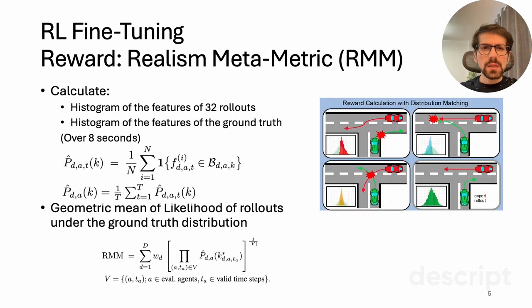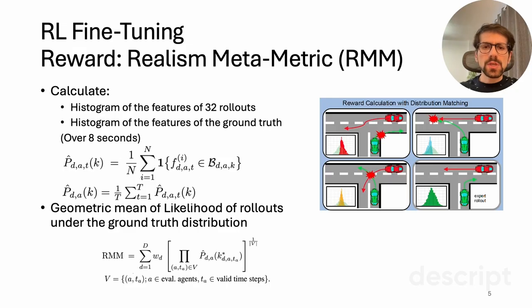training stable. The realism meta-metric, or RMM, scores simulation rollouts across three feature categories, including interaction features, map-based features, and kinematic features. For each specific feature type, the values across multiple scenario rollouts and across time steps are gathered to form the simulated histogram distribution. Similarly, we get the ground truth histogram distribution.